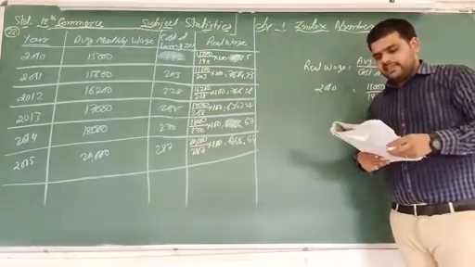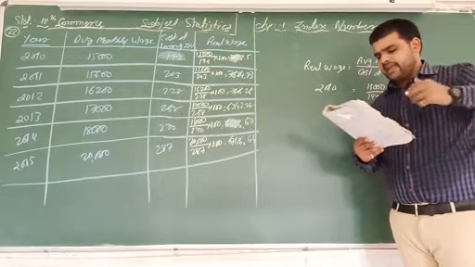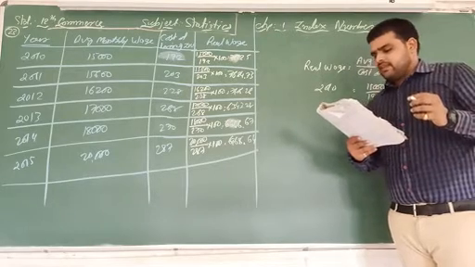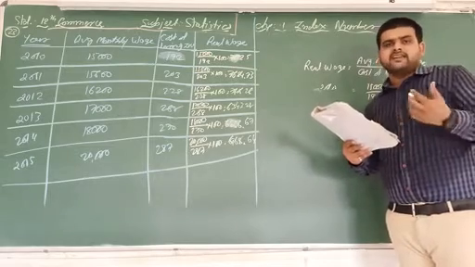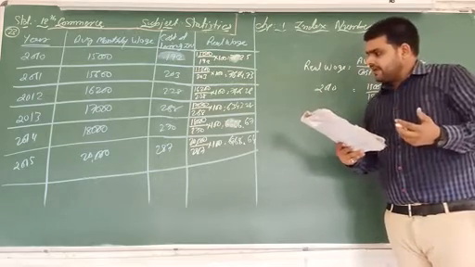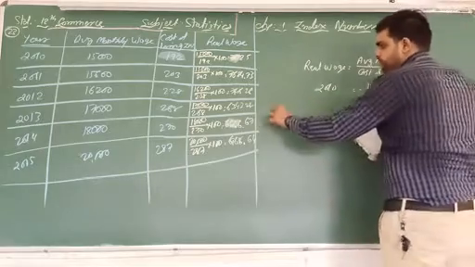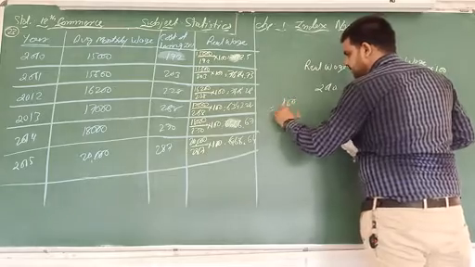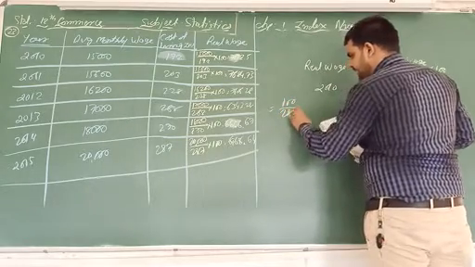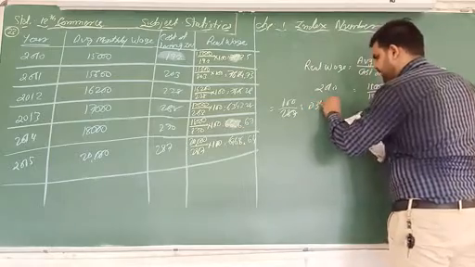Now let's discuss the purchasing power for the particular year. With the help of 2001 we have to take. So 2001 general index number is 100, and 2015 general index number is 287. So we have to find out 100 divided by 287, that is 0.3484.